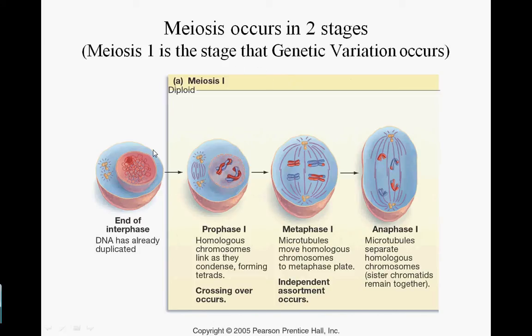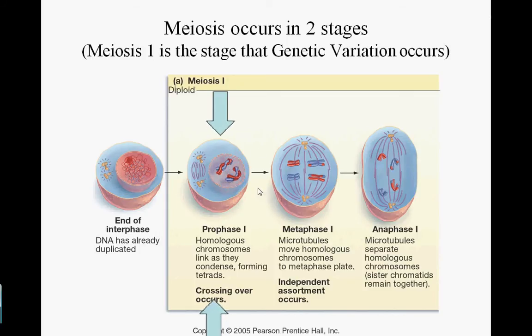In the first stage, it's similar to mitosis: prophase, metaphase, anaphase, and telophase. With this slide, we're only focusing on prophase, metaphase, anaphase. The big thing to realize is that crossing over occurs in prophase 1. That's where the homologous chromosomes, one set from your mom and one set from your dad, twist up and form tetrads and exchange genetic information.